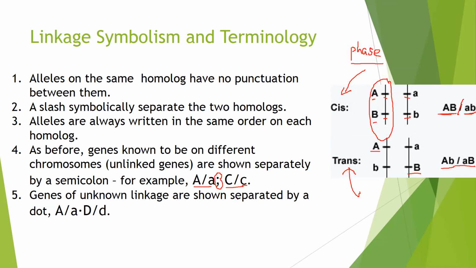But sometimes, if you do not know their linkage situation, you use a dot to separate these two genes. Then we can perform a test cross to figure out whether these two genes are linked or not. So this is what we're going to learn today.